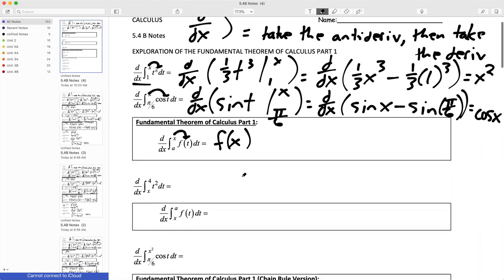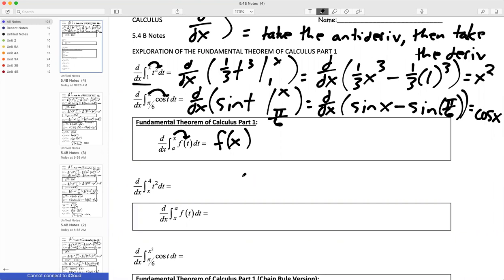I'm not done yet. Why is sine of pi over 6 zero? Because there's no variable. It's a constant. It's a number. And what's the derivative of a number? 0. Okay.